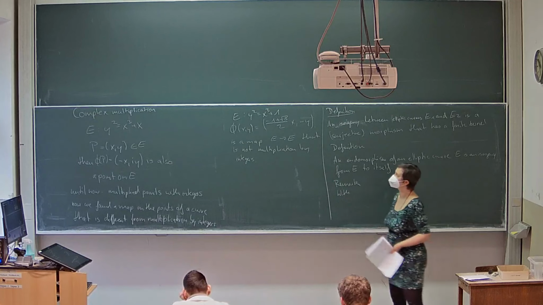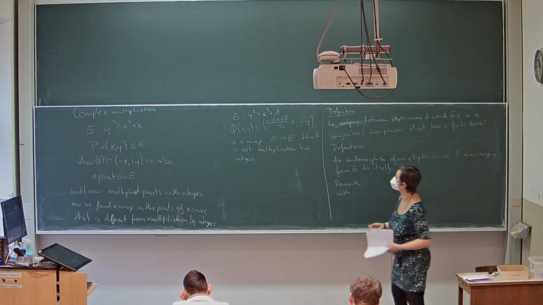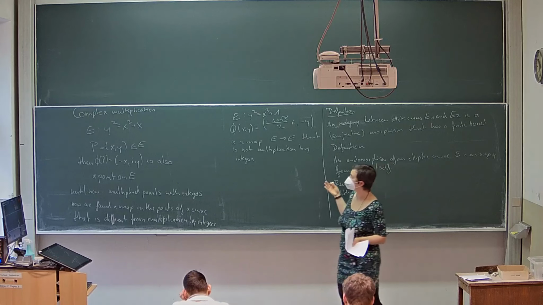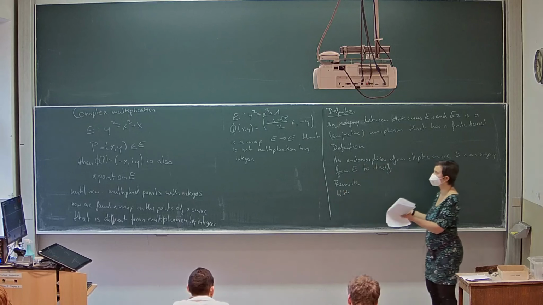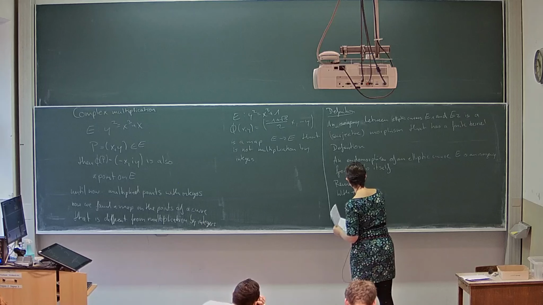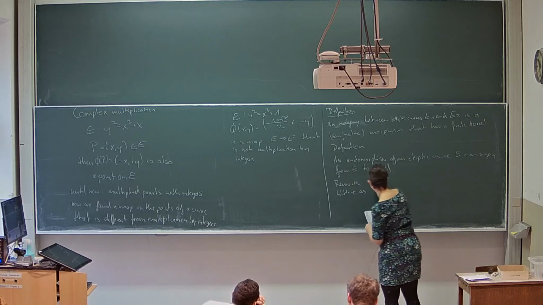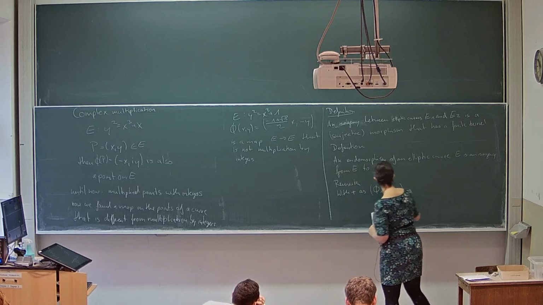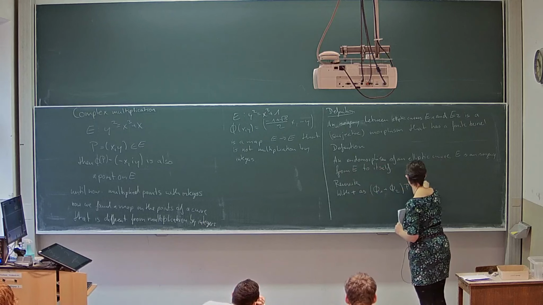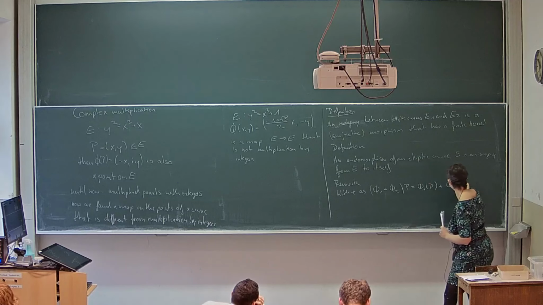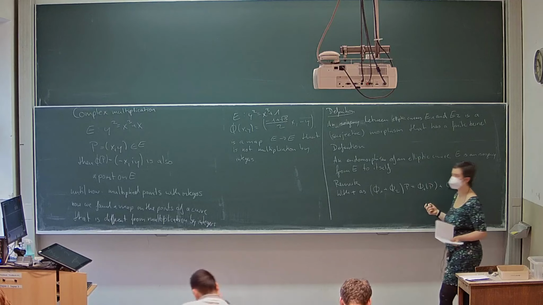And of course, we have to say what the addition and the multiplication are. The addition in the ring of endomorphisms is just the pointwise addition, and multiplication is the composition.